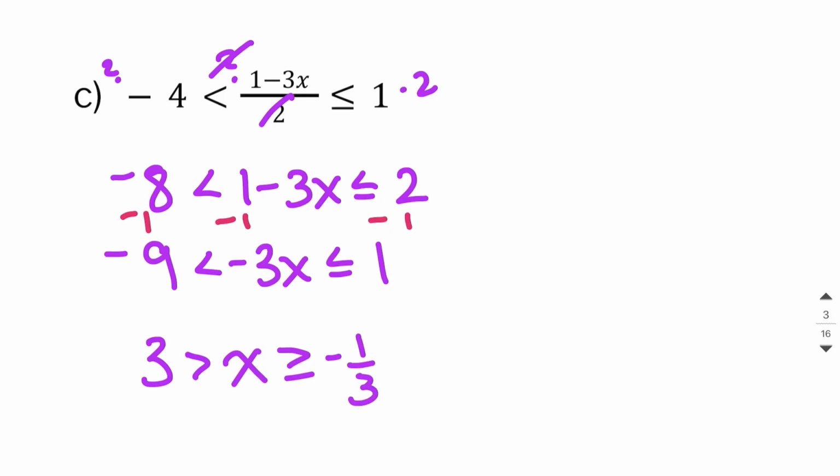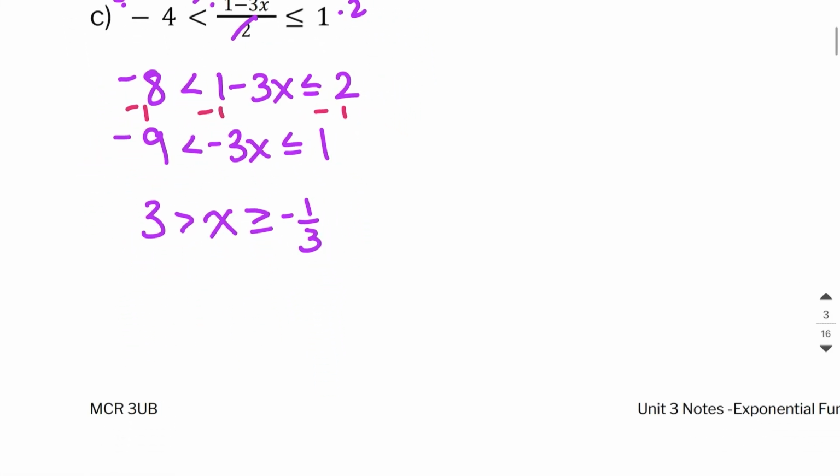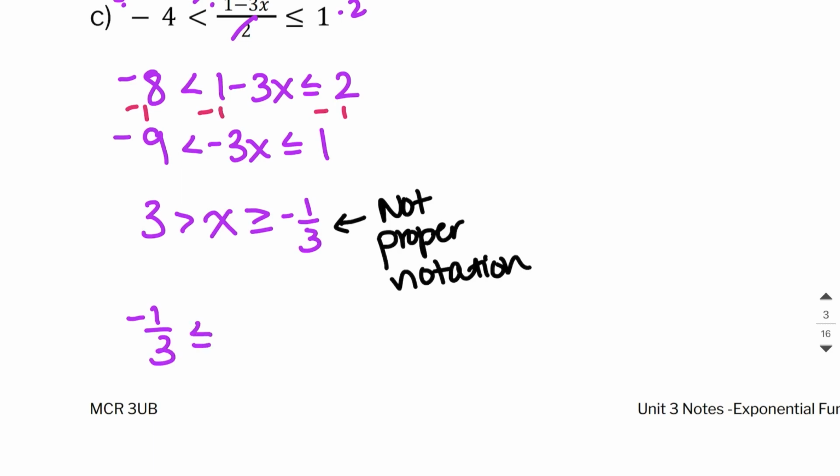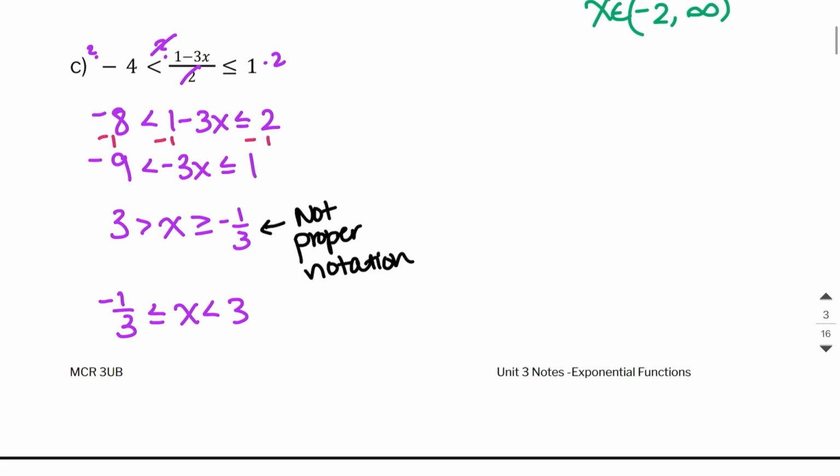And then this would be greater than or equal to -1/3. But this is not proper notation, because we always go from the smallest number to the largest number in our inequalities, okay?